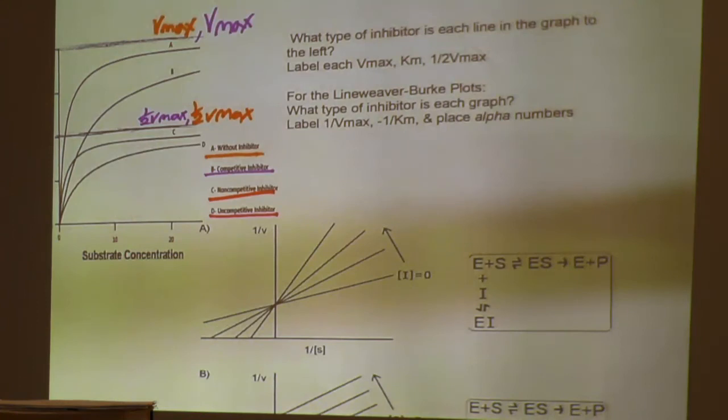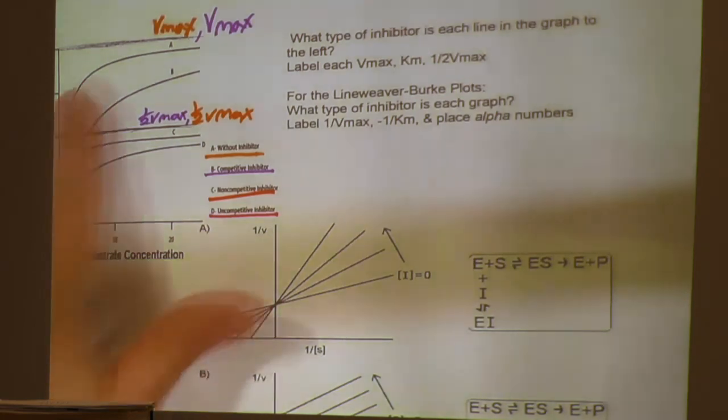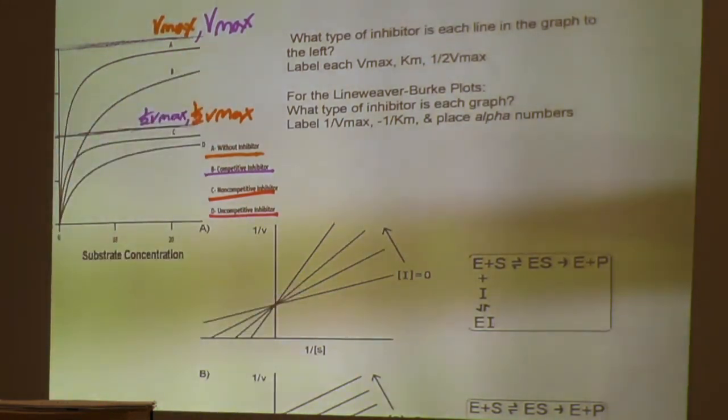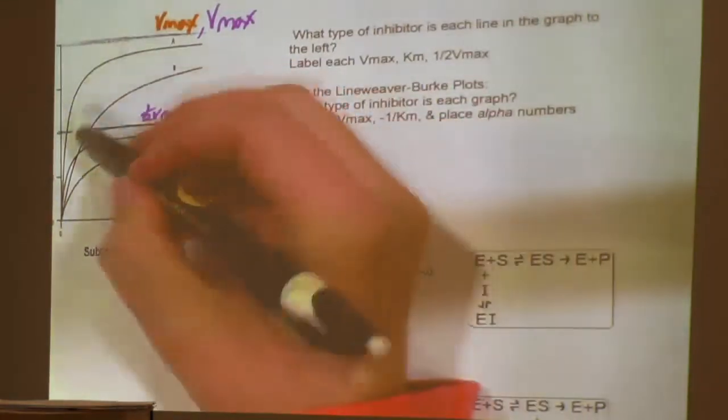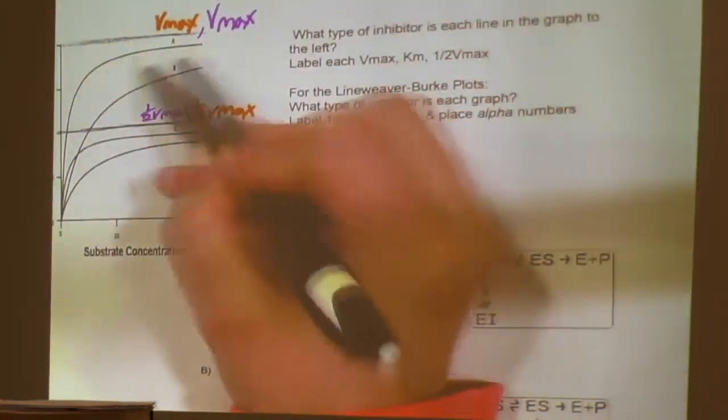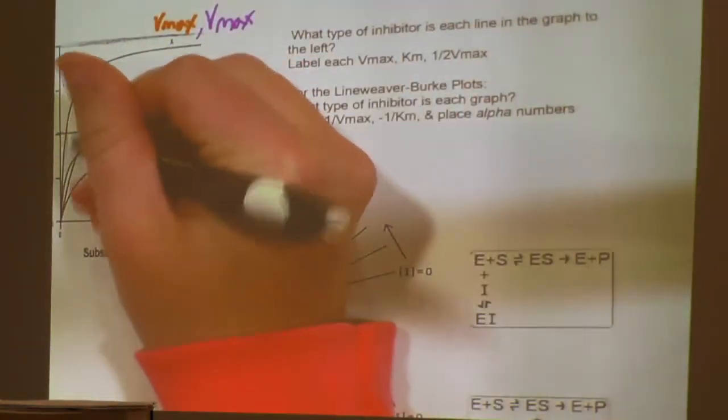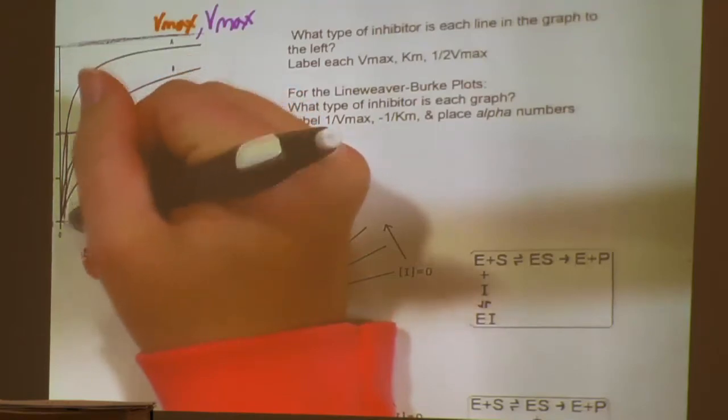All right. So how do you find your Km? Your Km is where your 1/2 Vmax intersects your line. So here's your enzyme without an inhibitor. So its Km is going to end up here.